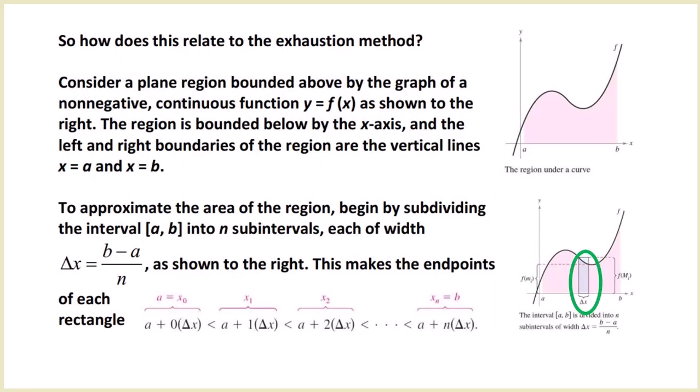Okay, so let's look at this curve. Notice there's a point A and a point B on the x-axis. I want the area under the curve between A and B. So it's got some boundaries: the x-axis, x equals A and x equals B. Look what we're doing.